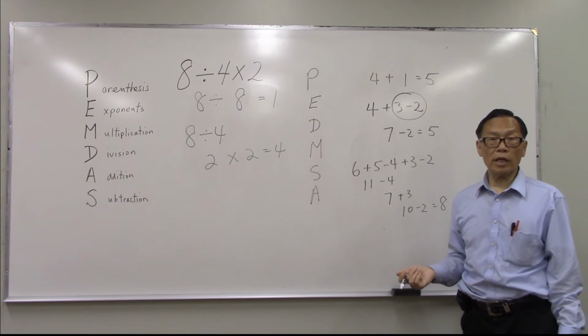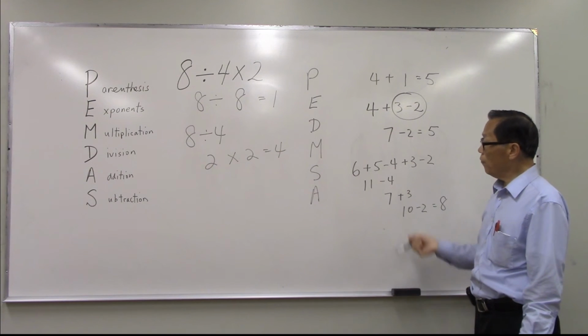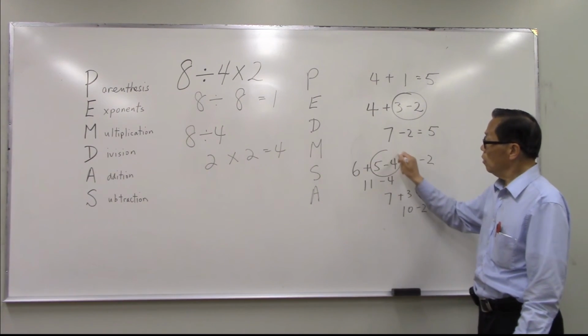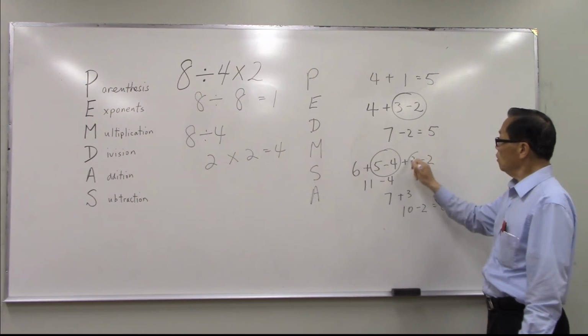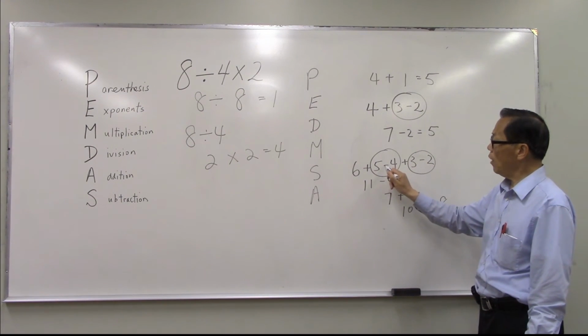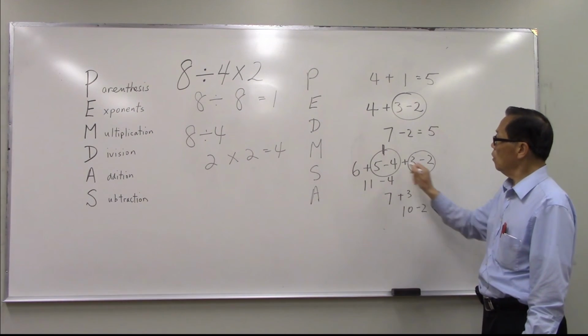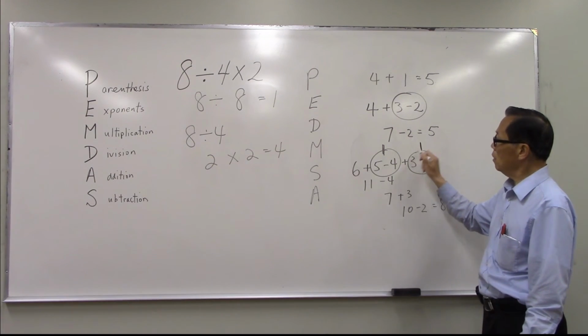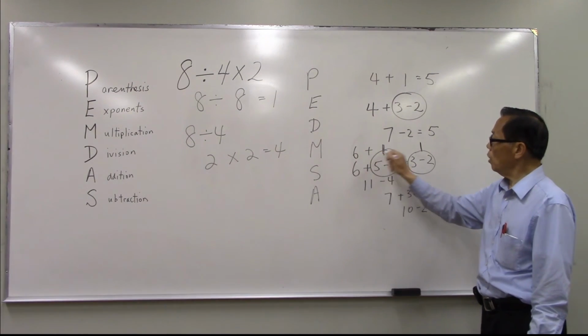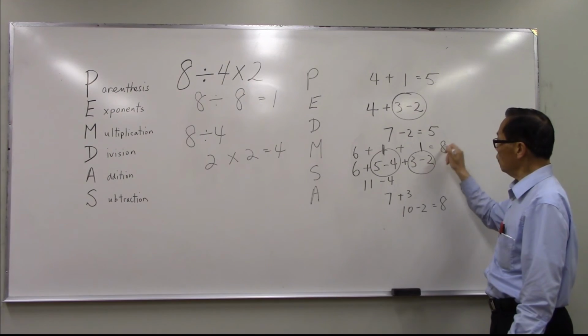This would be the correct answer. What if I do, according to my scheme, you would have 5 minus 4 equals 1, 3 minus 2 equals 1, and then you have 6 plus 1, and that will give you the same answer.